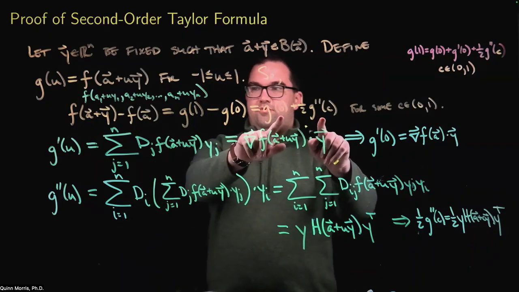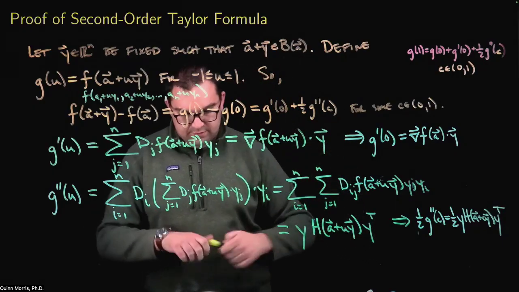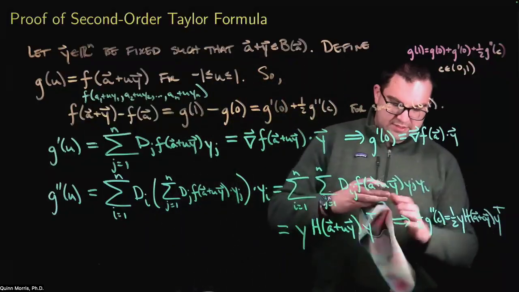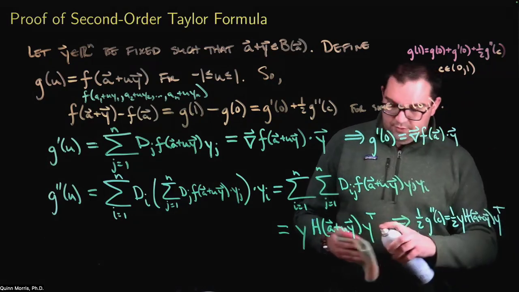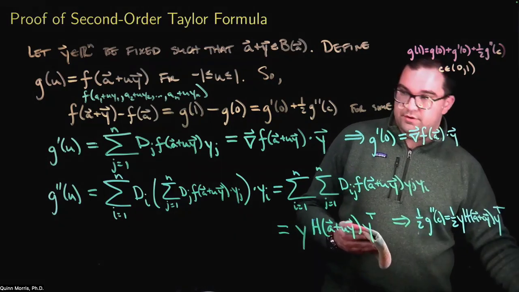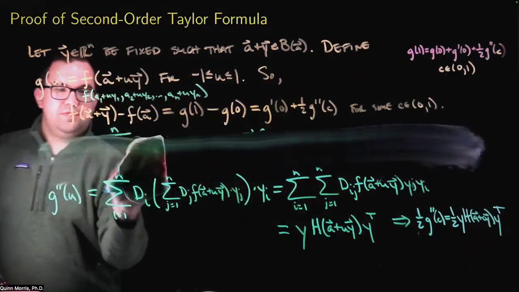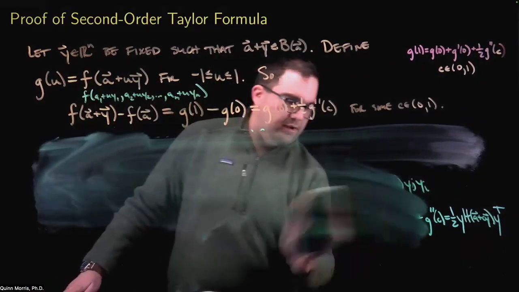So now to complete my proof, all I need to do is go back up here and plug in exactly what I had. So if I erase these derivative calculations that I had to do, which are really, in a lot of ways, the hard part here, right? Being careful about how to express these derivatives. But once you do that, we're really just applying Taylor's formula for a function of a single variable.